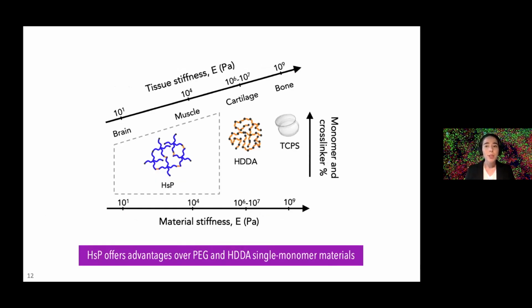This hybrid material can also be tuned by changing its chemistry and microfabricated to span the range of mechanical properties of brain tissue, as well as other soft tissues of interest. Overall, this material, which we call HSP for HDDA STARPEG, overcomes the limitations of the single monomer systems of HDDA and STARPEG for manufacturing of our artificial axon designs.